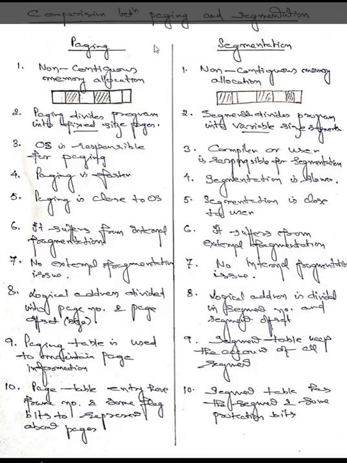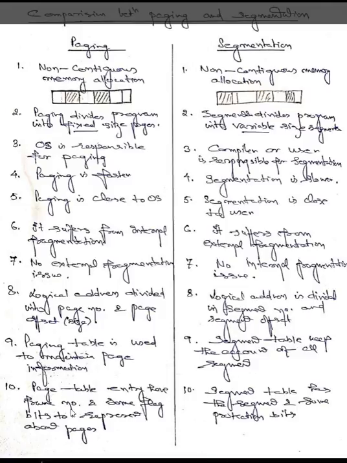As I explained in my earlier video, the table is maintained between the logical address space and the physical address space. Here, the segment table keeps the account of all segment information.